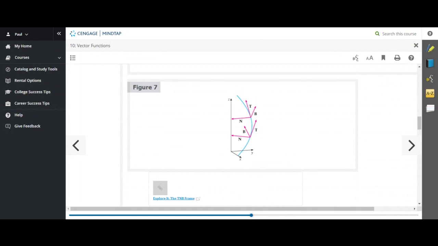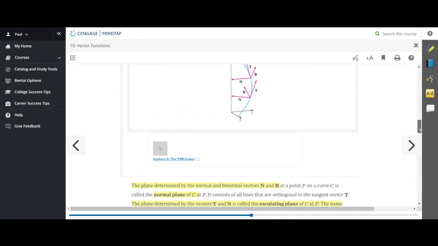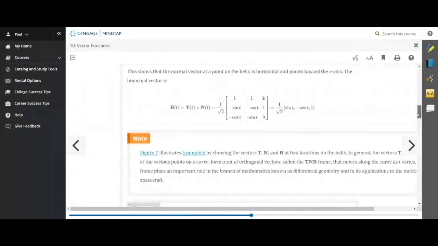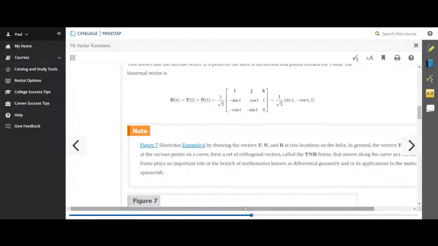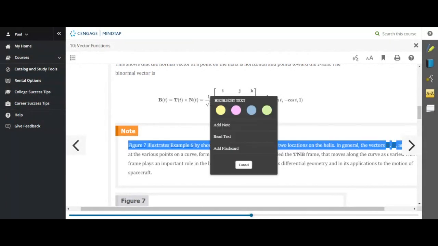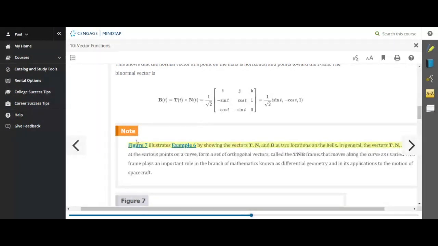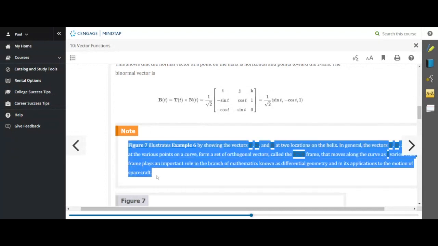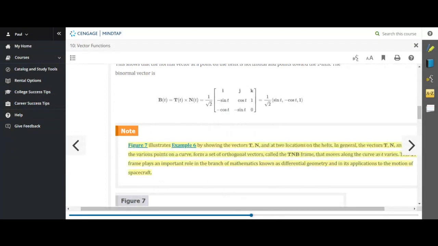I'm looking for the note on this. There's a note about it. Oh yeah, right here. Okay, so let me see here.